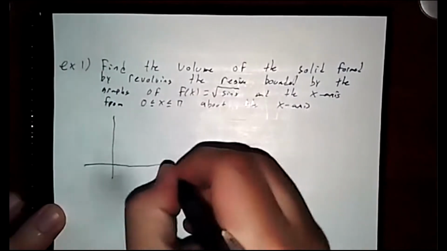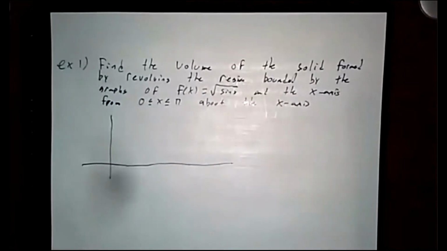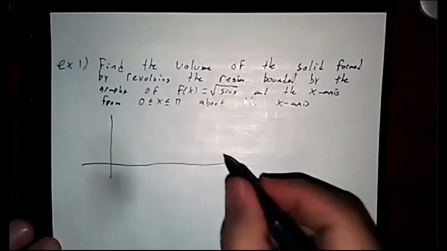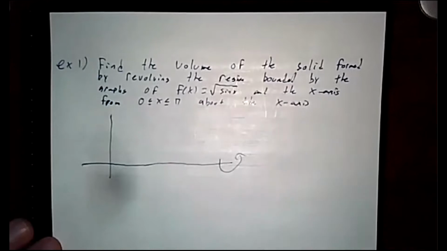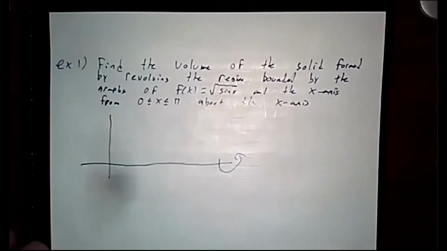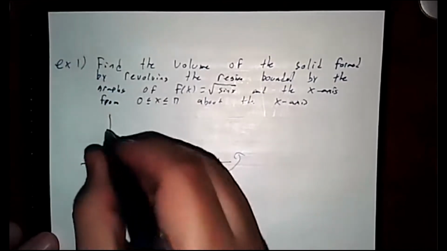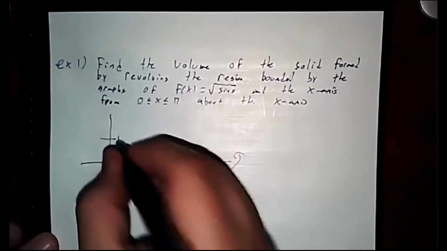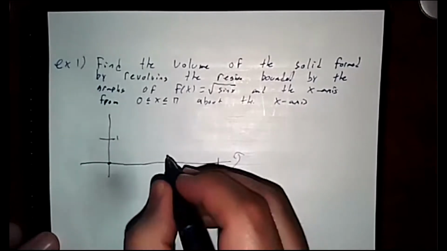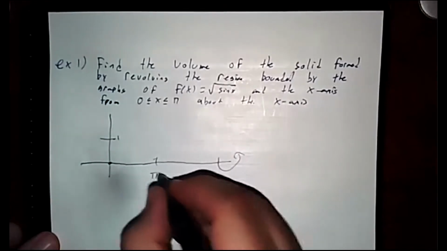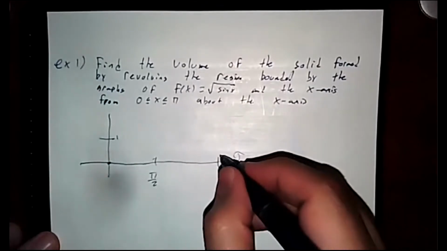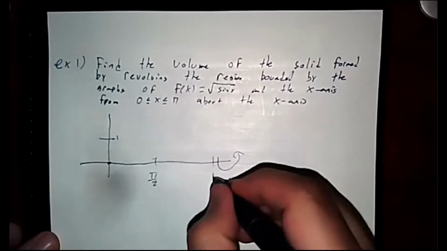So first thing is graph it. And whenever they say about, they're talking about where they're rotating. So they're rotating this way on the x. Okay. So square root of sine x is basically just this here. Here's 0, pi over 2, 1.